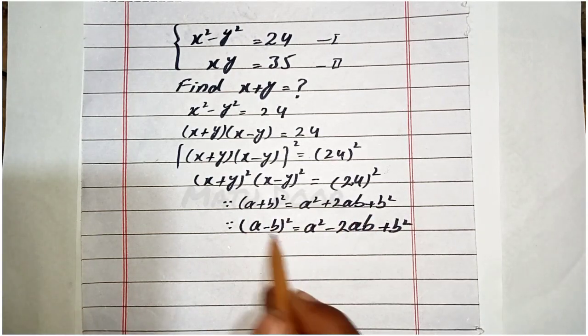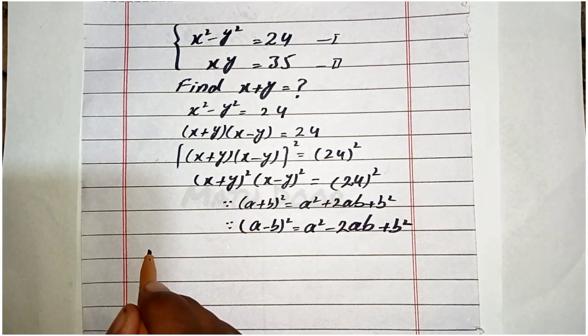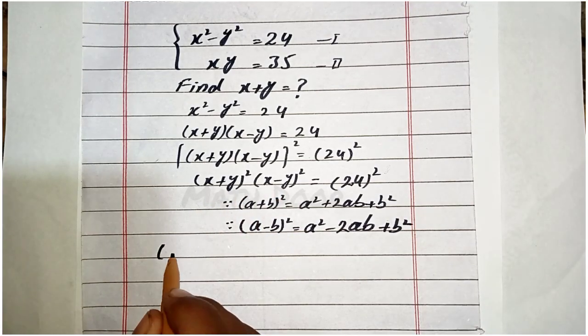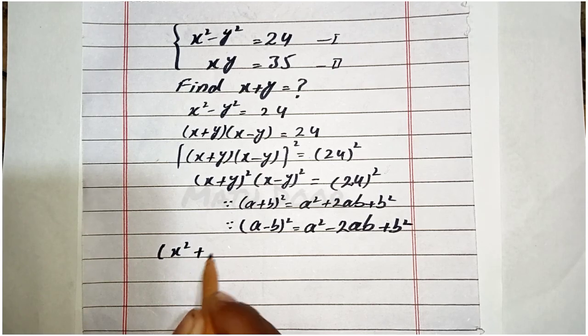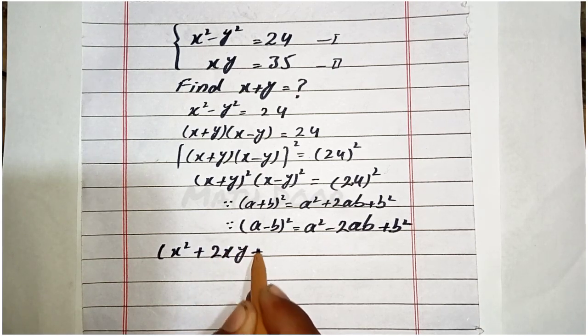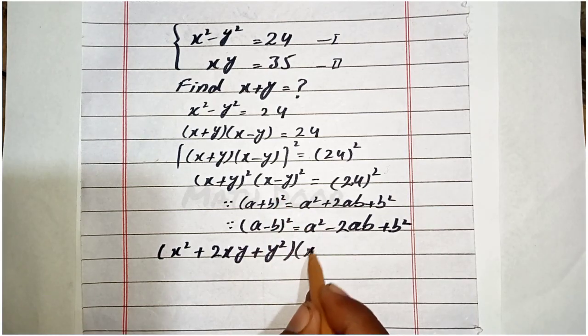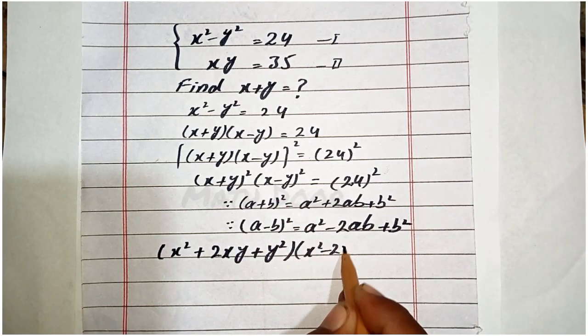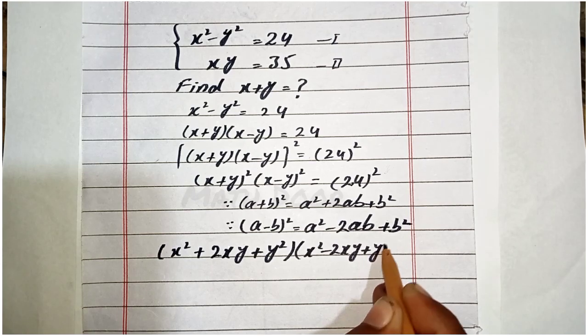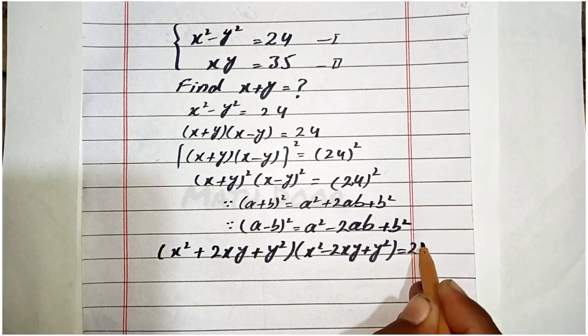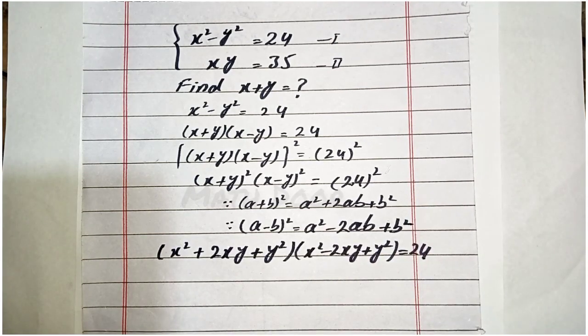We apply these two formulas here. First of all, we can write this as (x square plus 2xy plus y square), and this one as (x square minus 2xy plus y square). It would be equal to 24 square.